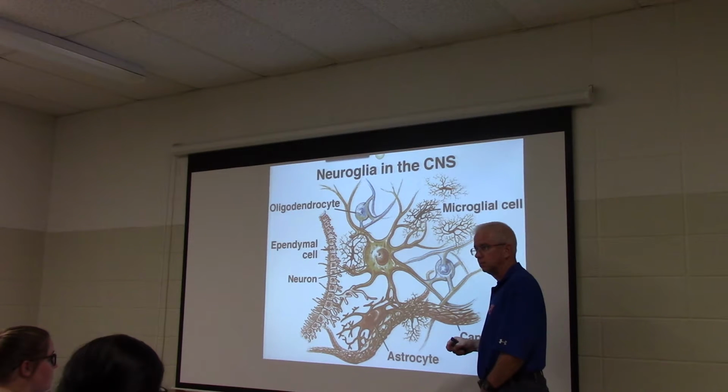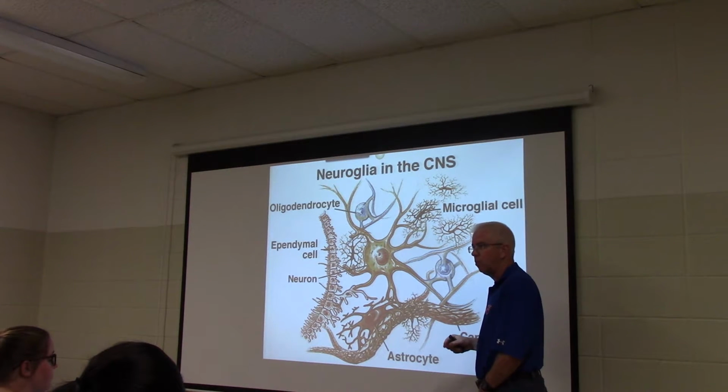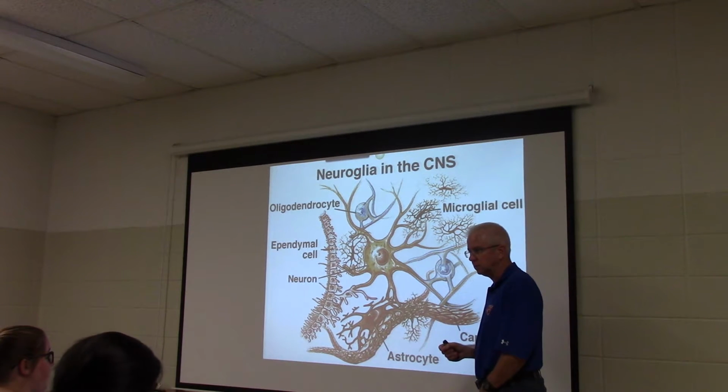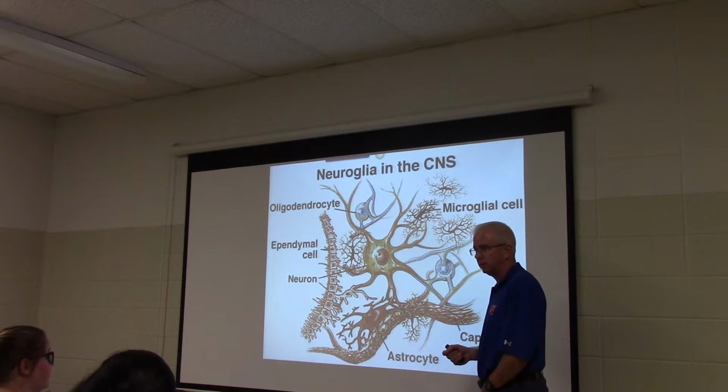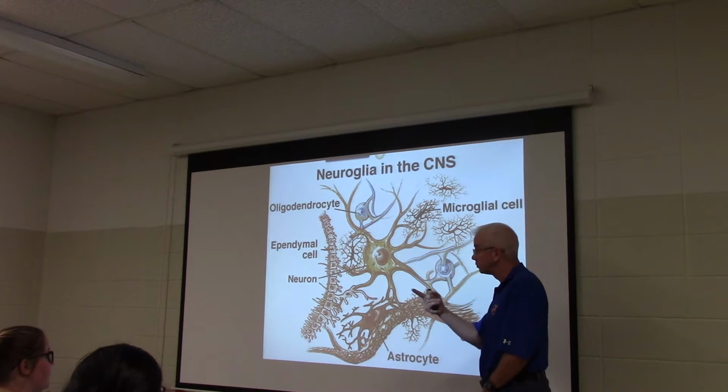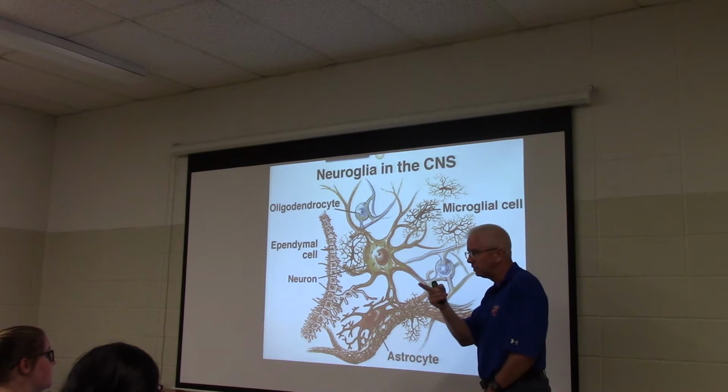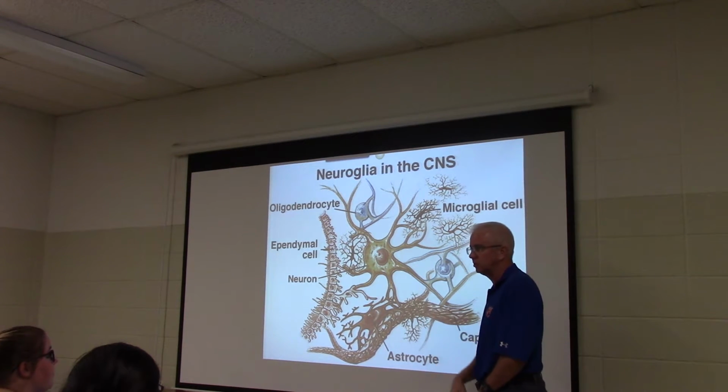I want the anatomy of the blood vessel that describes the blood-brain barrier. What is the blood vessel made of? Simple squamous. Why is it a blood-brain barrier? Because they have tight junctions. Because the simple squamous cells are joined by tight junctions.